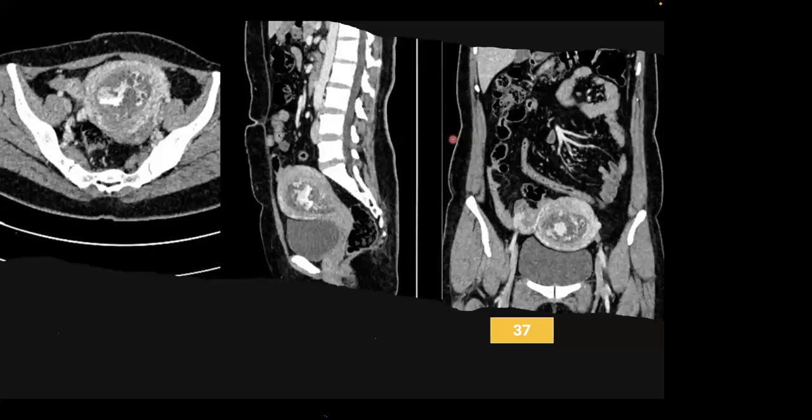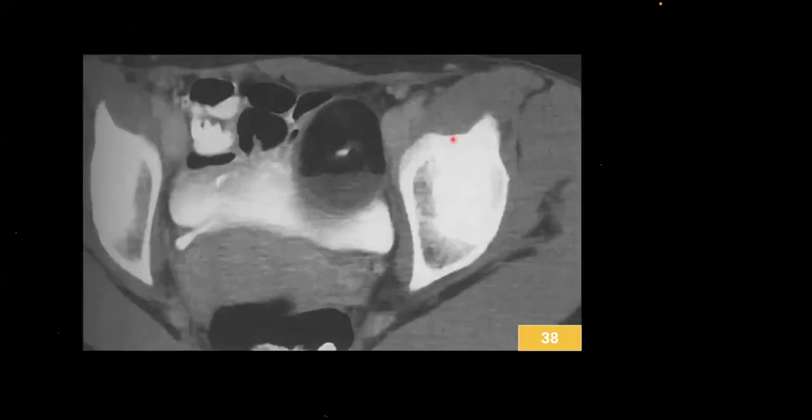So these are CT images of the same. This was MRI and this is CT. Thirty-eight.